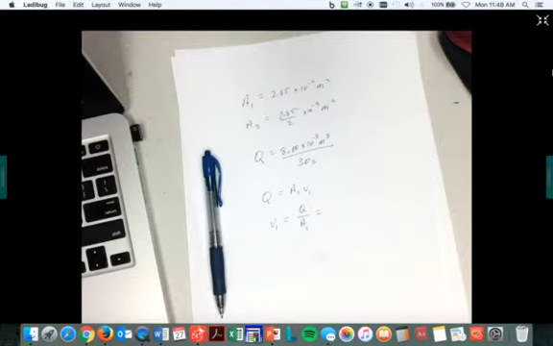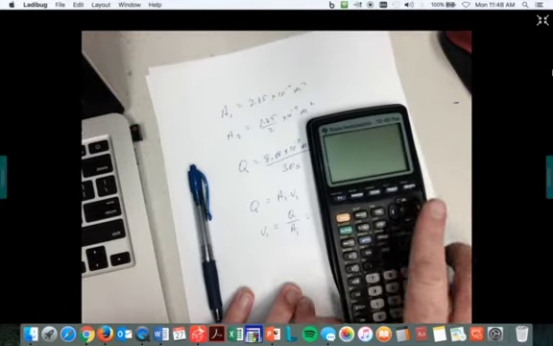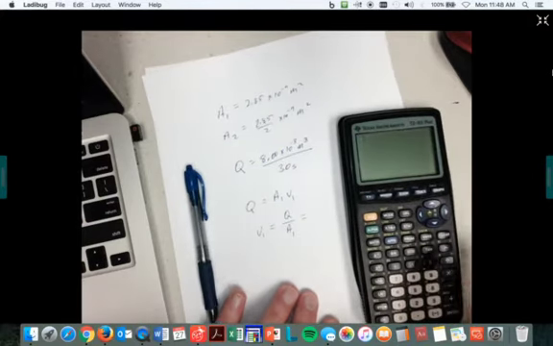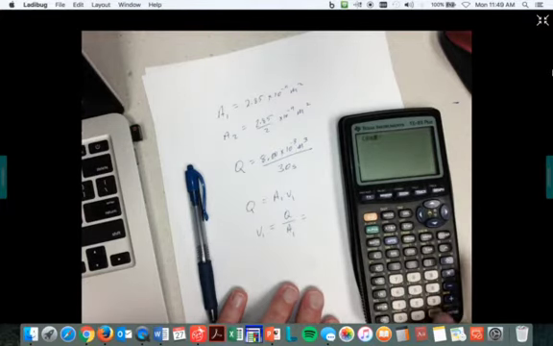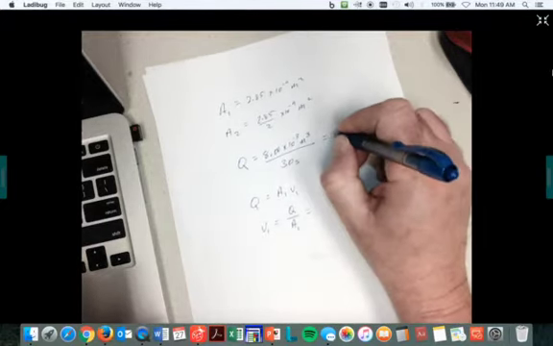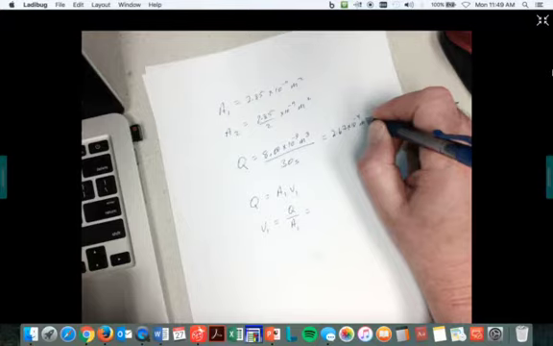Sorry, I didn't have my calculator handy. So you can watch me type this in here. Q is 8 e to the negative 3 divided by 30. So that's my Q value. Q is equal to 2.67 times 10 to the negative 4 meters cubed per second.